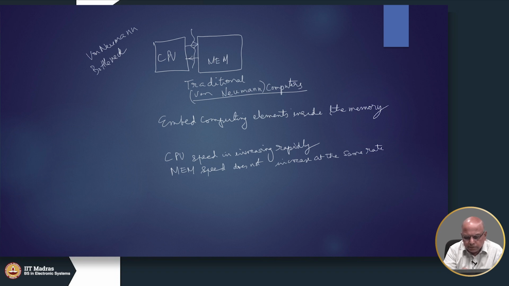So, people have tried to address this bottleneck, right. We do not want to use a very fast CPU and waste its time if the CPU has to work at the same speed as a slow memory. So, people have tried to find ways. For example, you may have heard about things like multi-threading. That is an example of how they try to address this bottleneck.